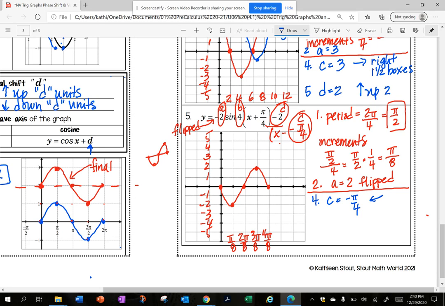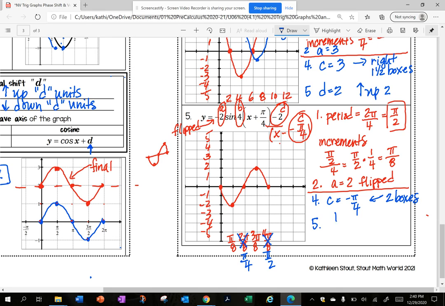So each box is 1/8. So if I simplify these, 2 pi over 8 is pi over 4. 3 pi over 8 is okay as is. And 4 pi over 8 is pi over 2. So I need to simplify my fractions. But I know pi over 4 is 2 boxes.